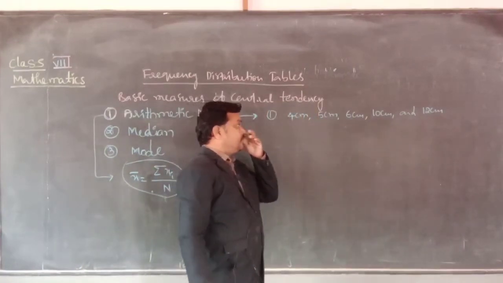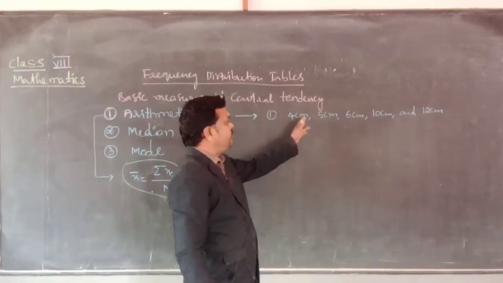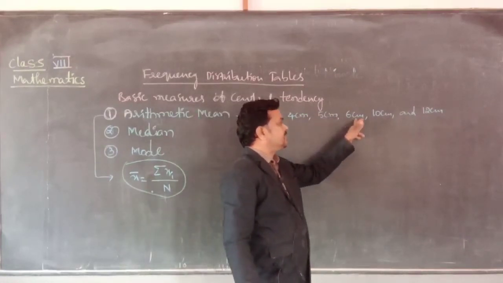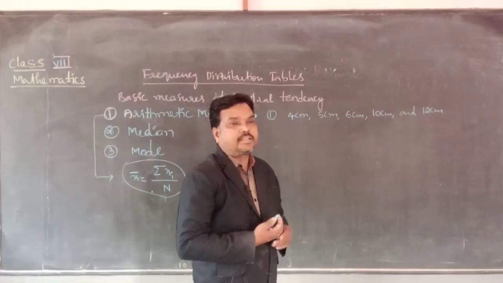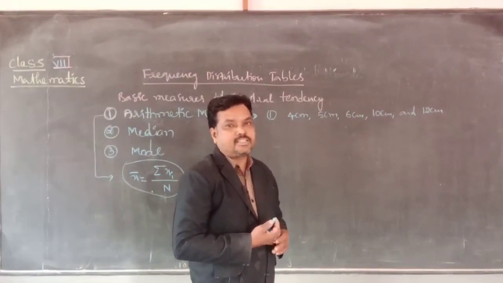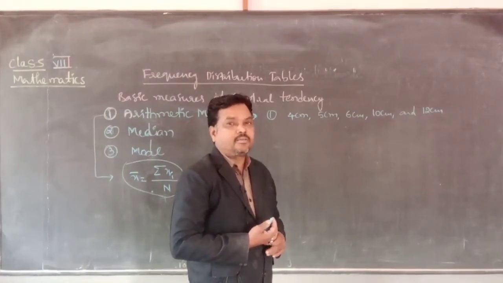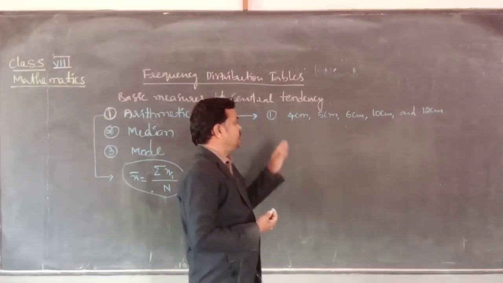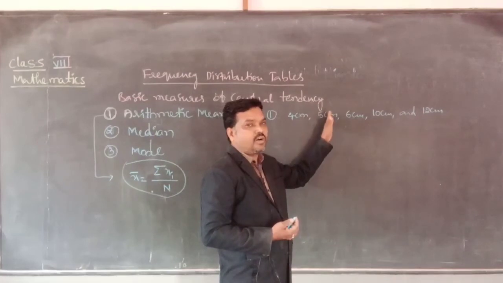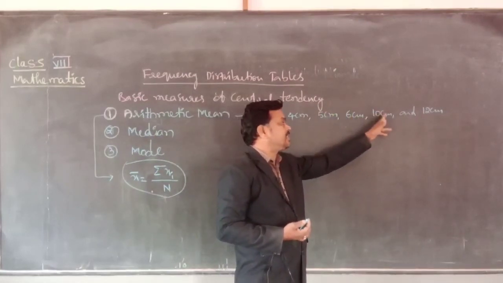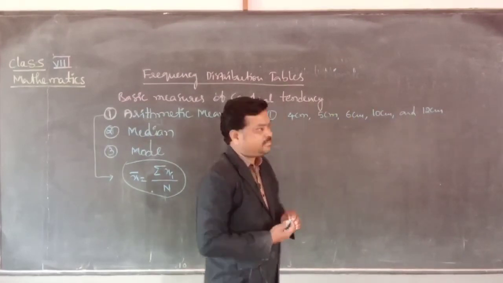What is the arithmetic mean, or what is the average rainfall of the month of July? Here the given observations are 4 centimeters, 5 centimeters, 6 centimeters, 10 centimeters and 12 centimeters.